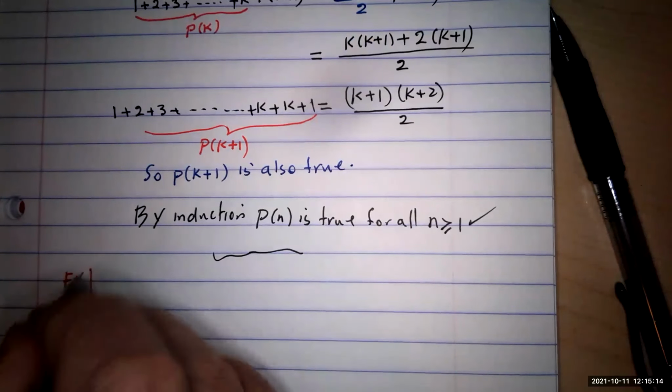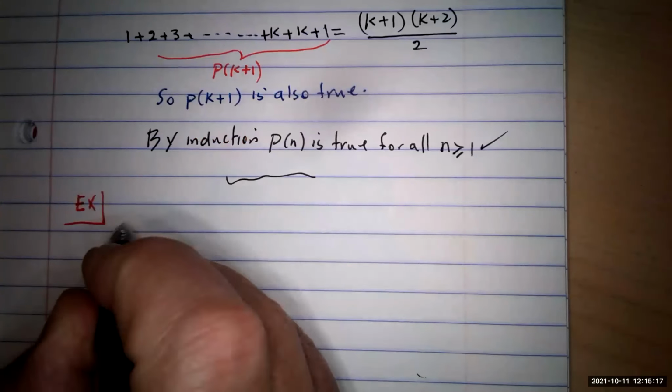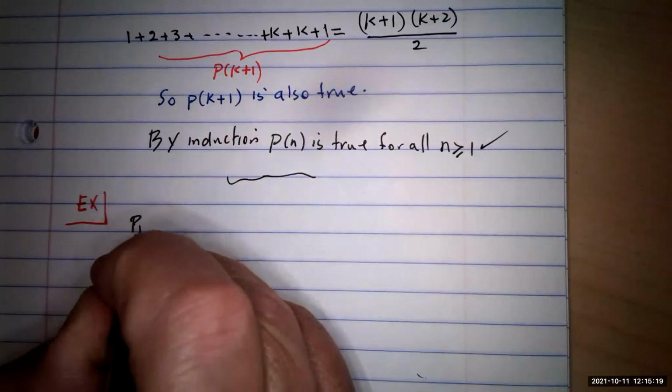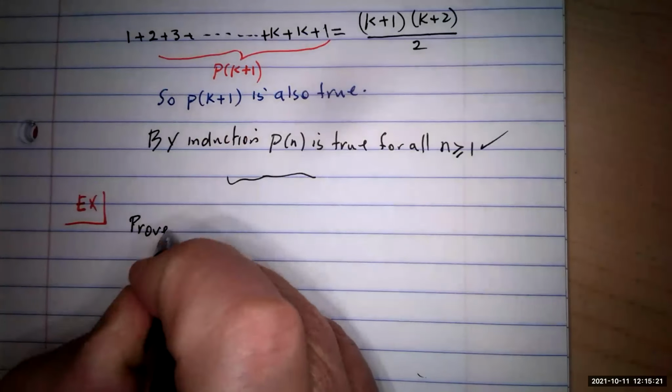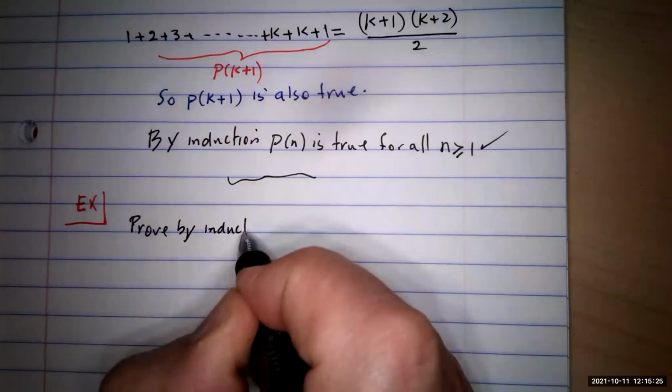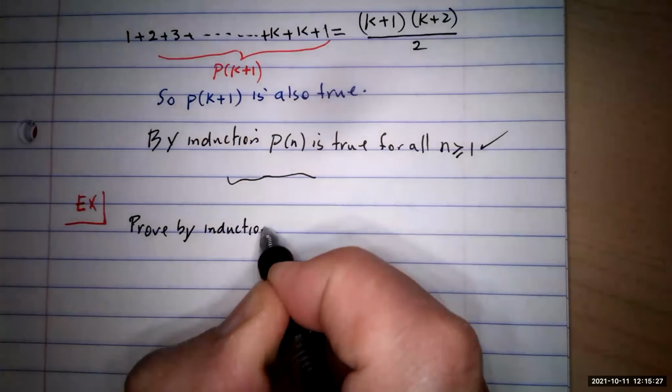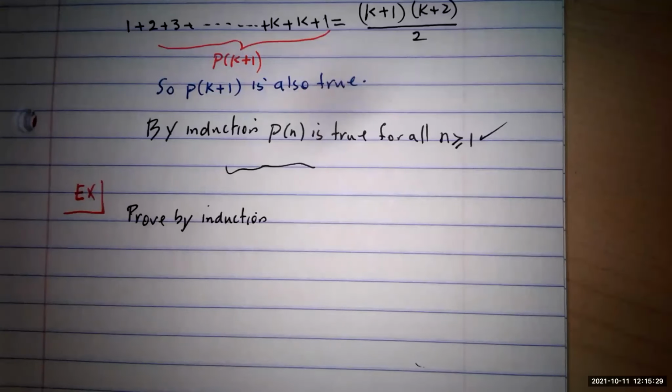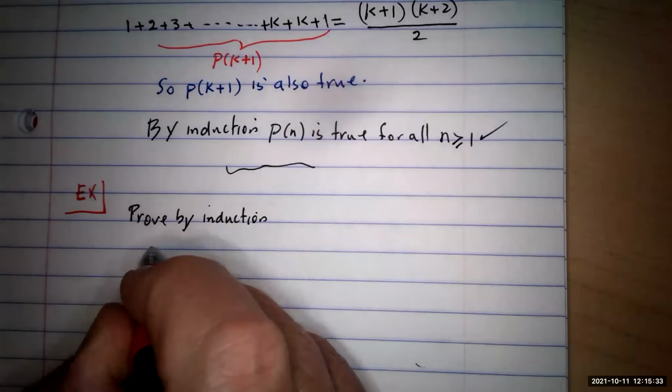Let's see. We want again to prove by induction the sum of powers of any number. I give you 4, but you can change it to 5 or 6.